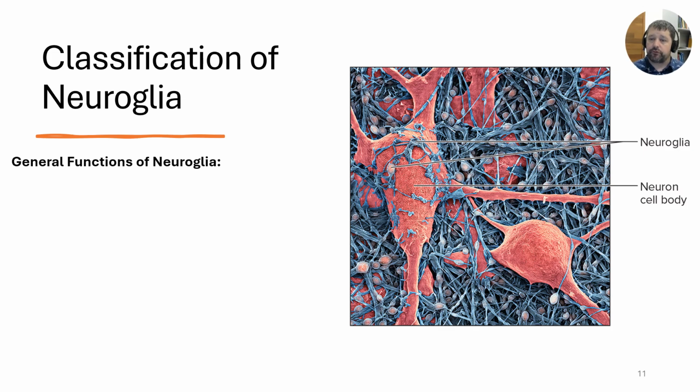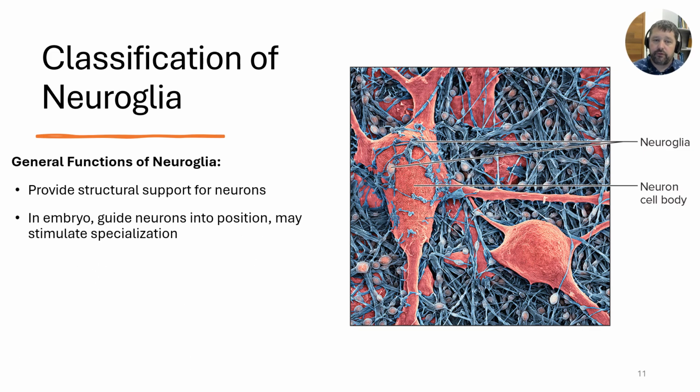They form some structure, they provide nutrients. They clean, they take away waste, they can allow for synapses between two neurons to occur more readily. They can provide ions that are needed in the system, lots of different functions.